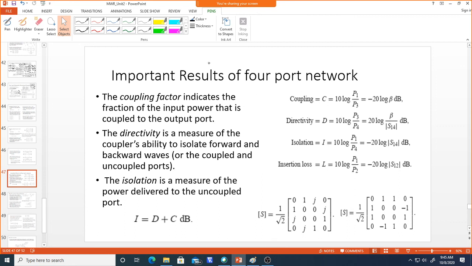Taking port 1, port 2, port 3 and port 4, this is the coupled port, and we define the coupling factor using this equation. This is the power P1 and this is the power P3. If you take the ratio of P1 by P3, you will get the coupling factor. That will be defined in terms of the matrix.